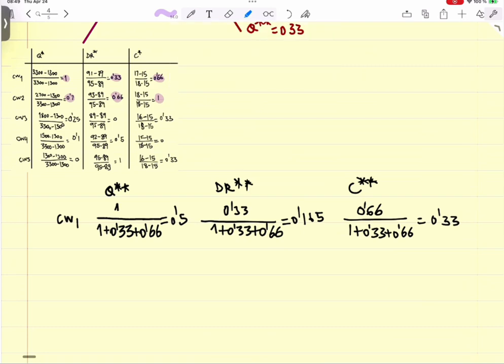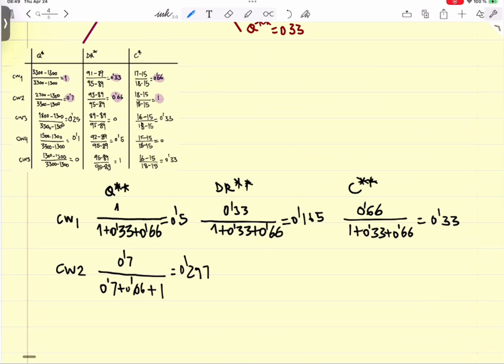Please. Calendar week 2, 0.7 divided by 0.7 plus 0.66 plus 1. This delivers 29.7.